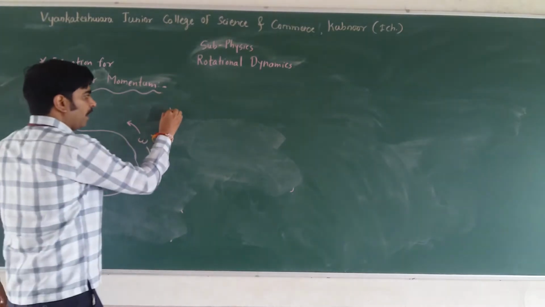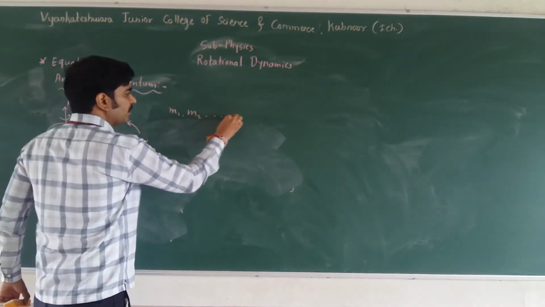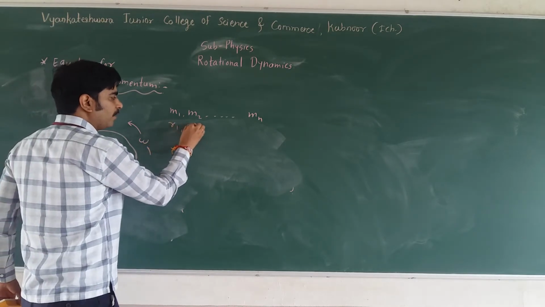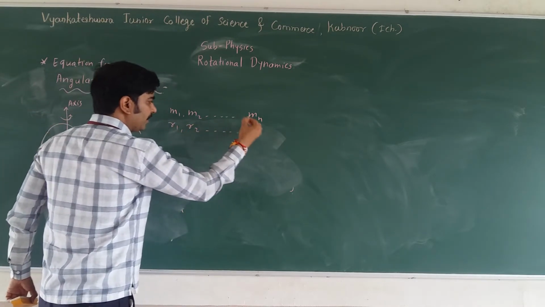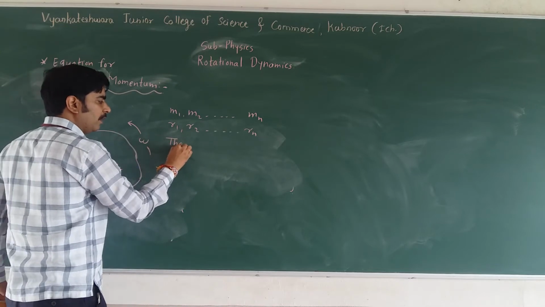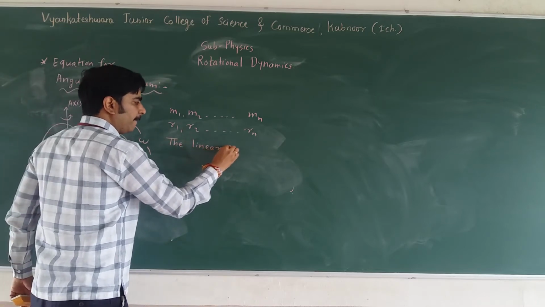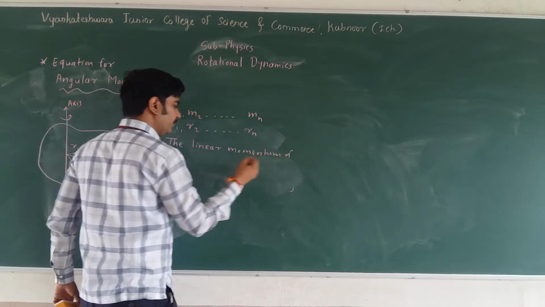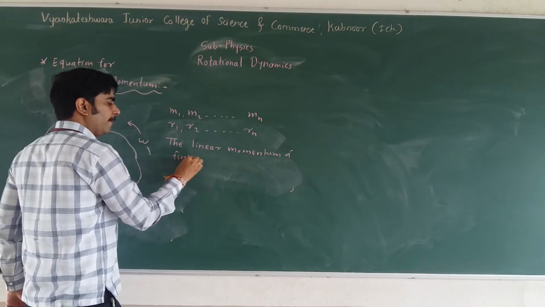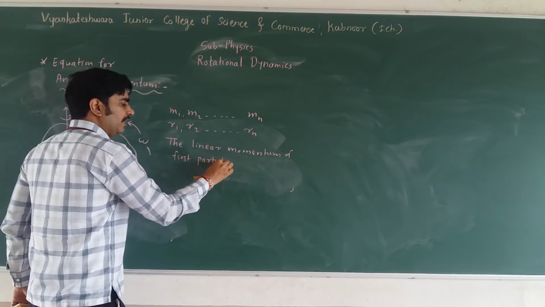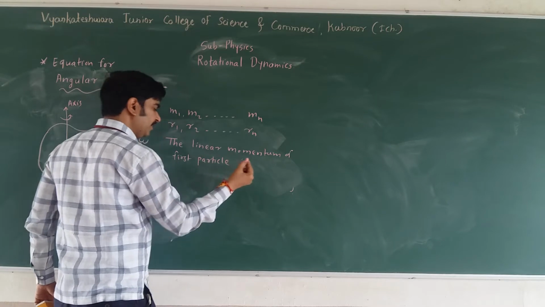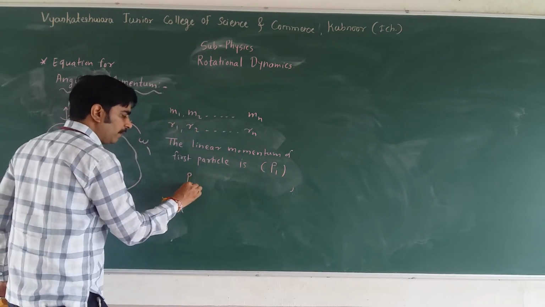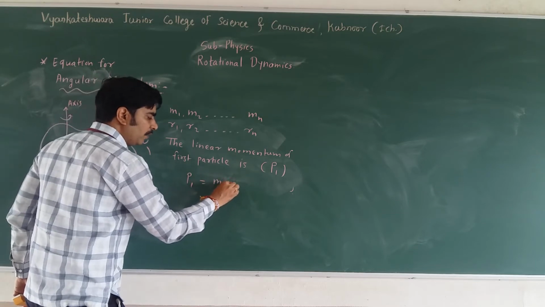Let us consider m1, m2, up to mn, the n number of particles placed at distances r1, r2, up to rn. The linear momentum of the first particle, linear momentum is denoted with the symbol p. So linear momentum is the product of mass and velocity.